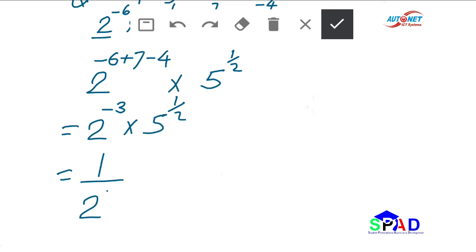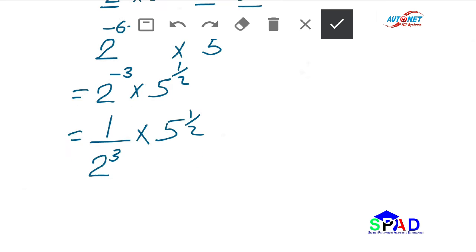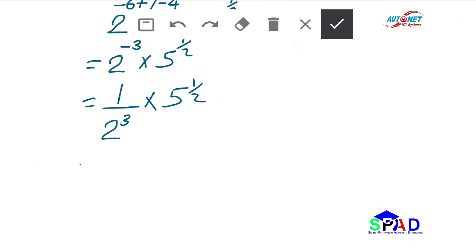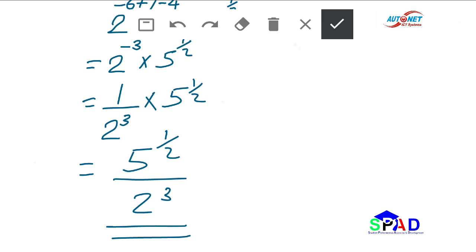If it is a minus, it becomes a plus. In this case, it's a minus, so it shall be plus 3. And then multiplied by 5 to the power half. And we can put everything under 1. So this is simply 5 to the power half over 2 cubed.